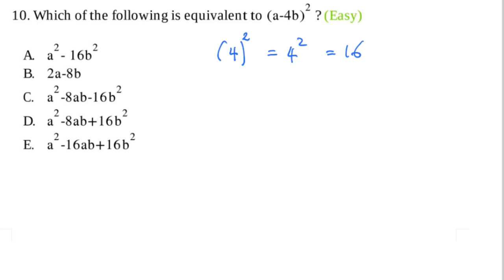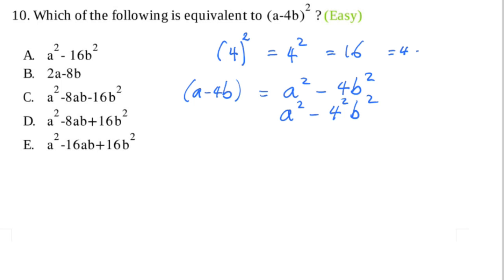So a common mistake would be thinking that since a minus 4b is inside parentheses, it's simply a squared minus 4b squared, or a squared minus 4 squared b squared, since they're two different terms. But this is actually very wrong, because 4 squared is 4 times 4. And here, a minus 4b squared is a minus 4b times a minus 4b. So this approach is very wrong.